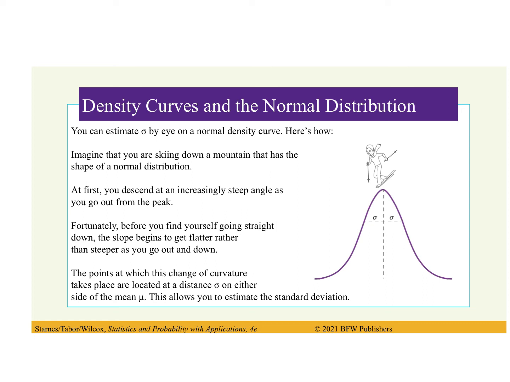Imagine you're skiing down a mountain that has the shape of a normal distribution. At first, you descend at an increasingly steep angle as you go out from the peak. Fortunately, before you find yourself going straight down, the slope begins to flatten rather than steeper.